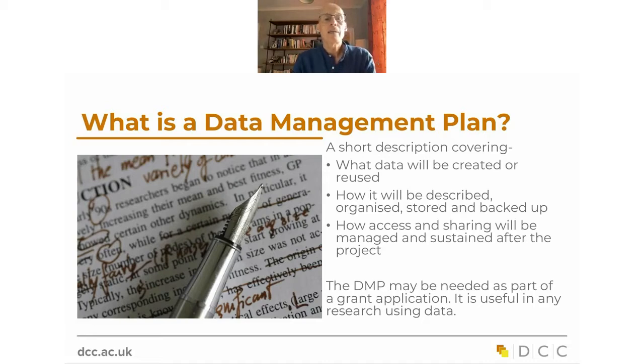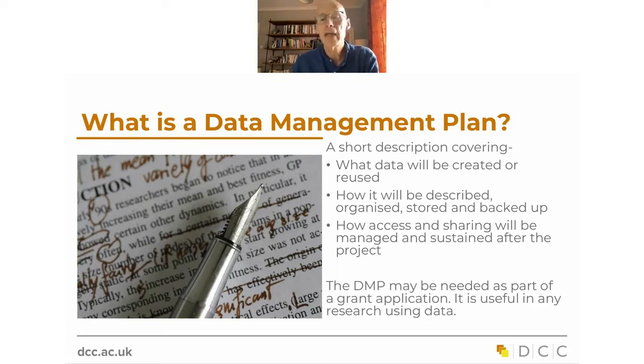So a data management plan, and a lot of this is really common sense, is a short description covering what data will be created or reused if you're using secondary data, how it will be described, how it will be organized, stored and backed up during the project, how access to data will be maintained after the project, and how it will be shared with others as appropriate.